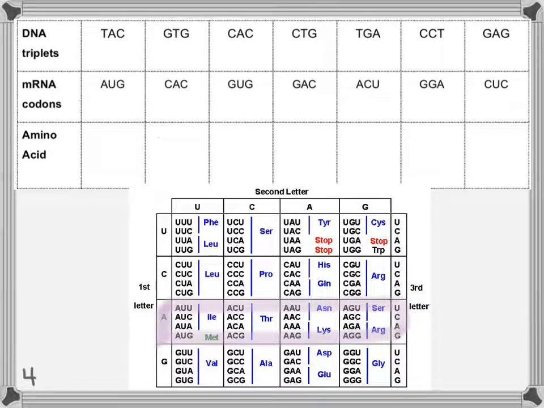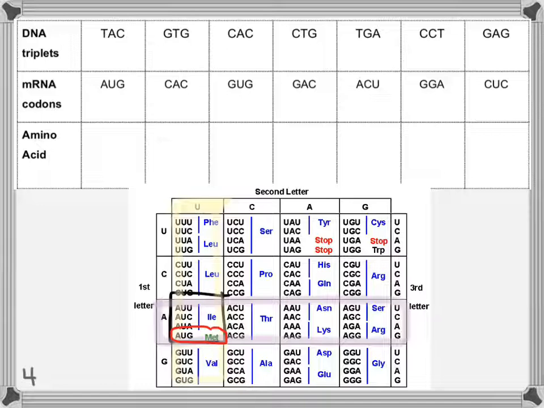For the second letter, we look at the headers on the columns, and the second letter is U, so we're going to look in the second column. We now have this narrowed down to this box. Now, the final letter of the codon is G, so we look at the bottom row in that box. AUG codes for methionine, which is the start codon.